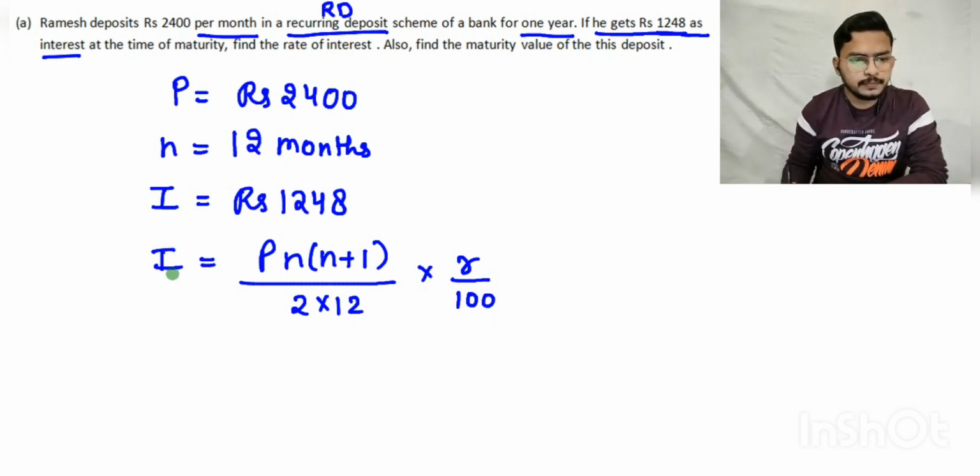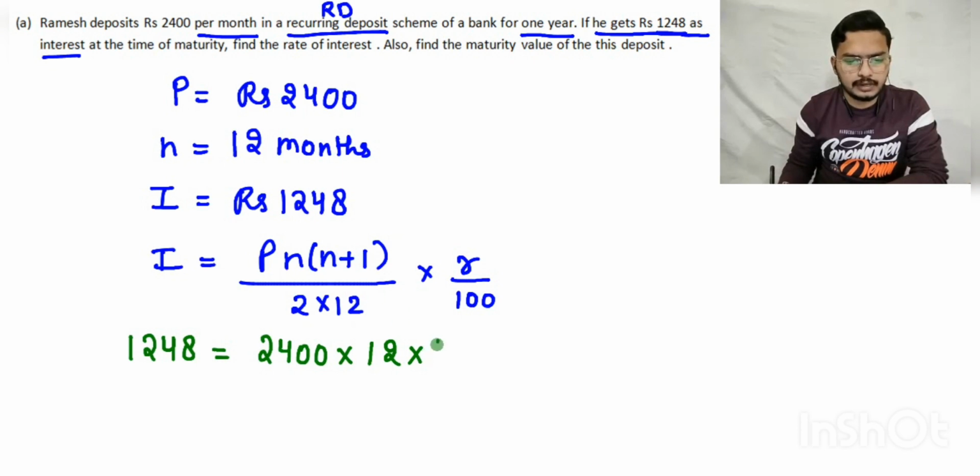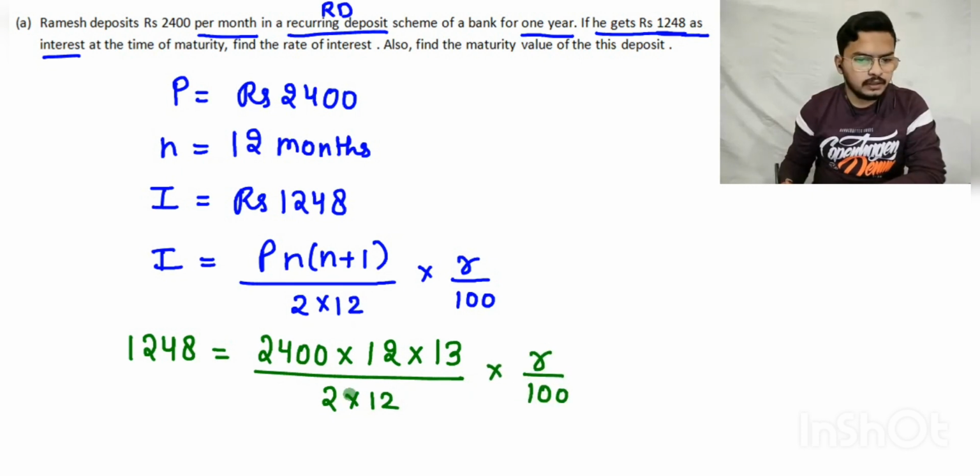In place of interest I am putting 1248, in place of P I am putting 2400, in place of n I am putting 12, and again 12 plus 1, that is 13, upon 2 into 12 as it is, and we want this R value, right? So this 12 cancels, and this 2 cancels this 2400 as 1200.